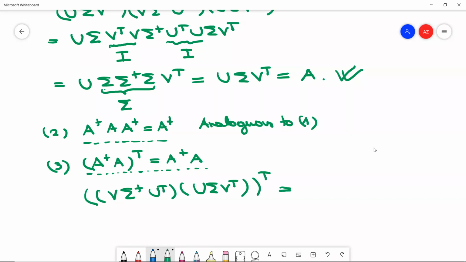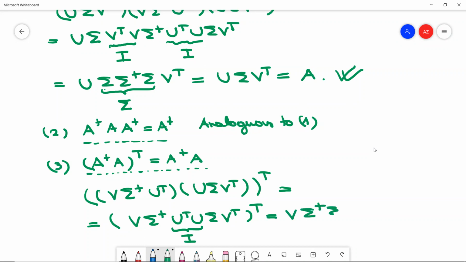Again, I will get rid of brackets inside this outer bracket. So V sigma plus U transpose U sigma V transpose. Here in the middle, U transpose U cancels out because it's identity. And what I get is V and then sigma plus sigma V transpose.